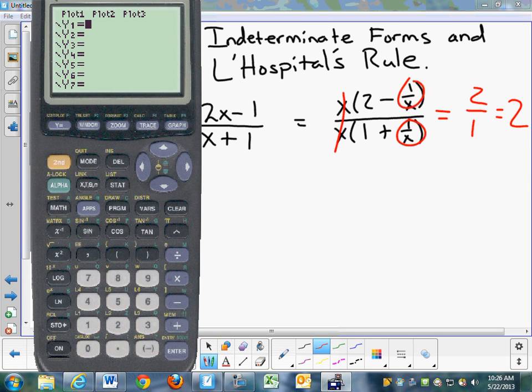We're simply going to use y1 and y2. And what I'm going to do is enter those functions. I'm going to enter 2x minus 1 for one of the functions. And on the bottom, I'm going to enter x plus 1. Okay? And I'm going to change my window. I'm going to look at an x minimum value of -1 to positive 10, and a y minimum value of -1 to positive 10. Actually, let's go to 20.